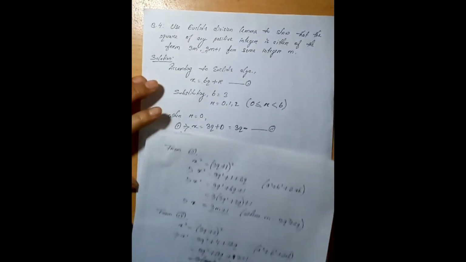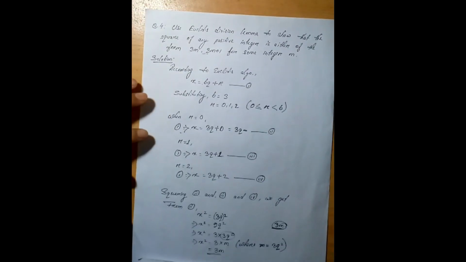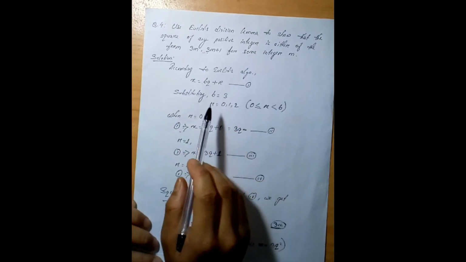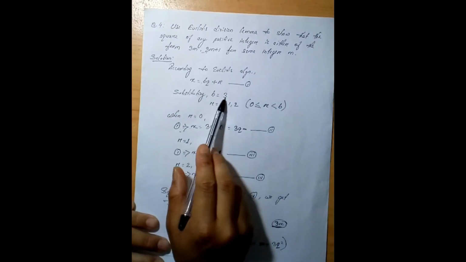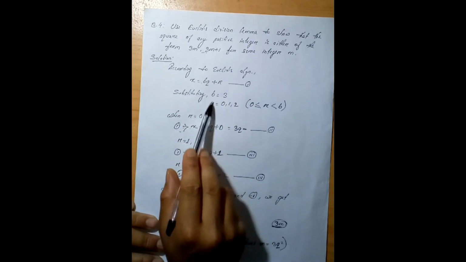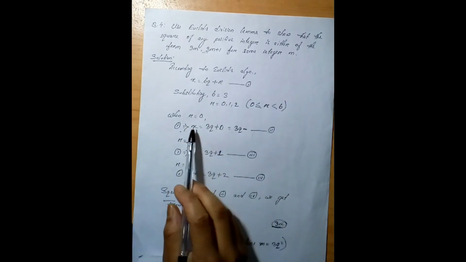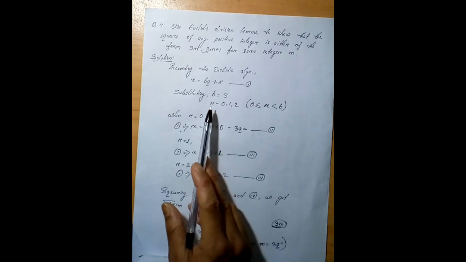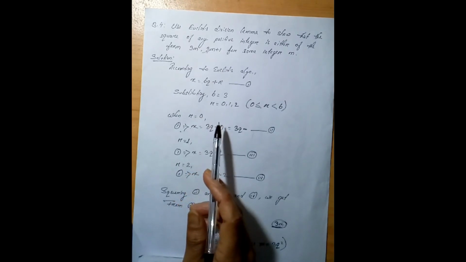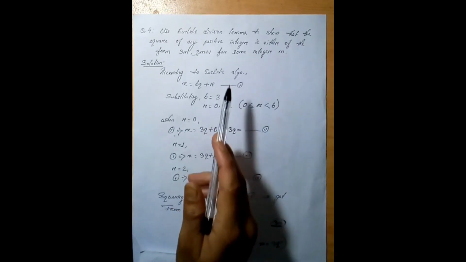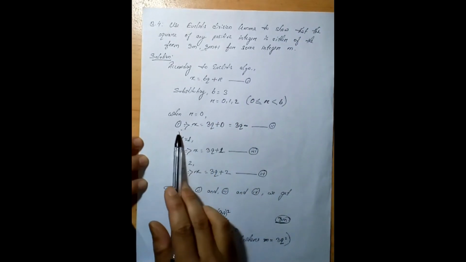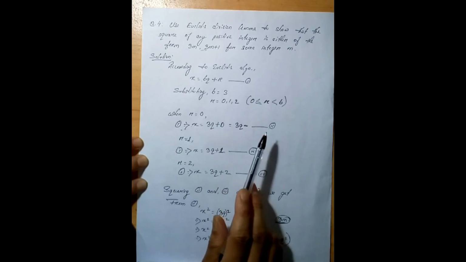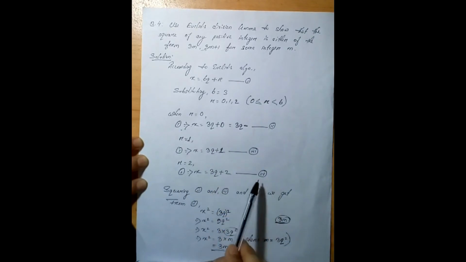So it is not much lengthy, you can check this way. First we have taken Euclid's division algorithm, where the value of b is given as 3 and the value of r will be 0, 1, 2. Then we have substituted the values of r and b in Euclid's algorithm, which will be in this form. So we have named them equations 2, 3 and 4.